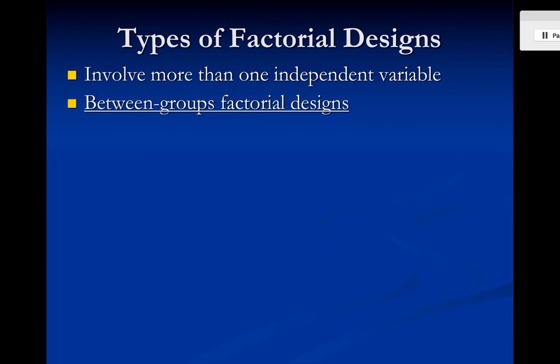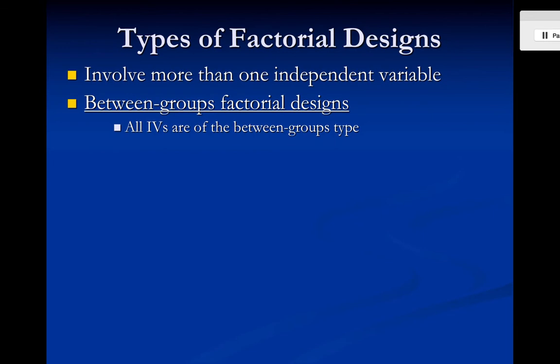We had between groups research designs. Now, how does this apply to a factorial design? Well, I have to look at each independent variable. What a between groups factorial design means is that all my independent variables are of the between groups type. Okay? All of my IVs are of the between groups type.